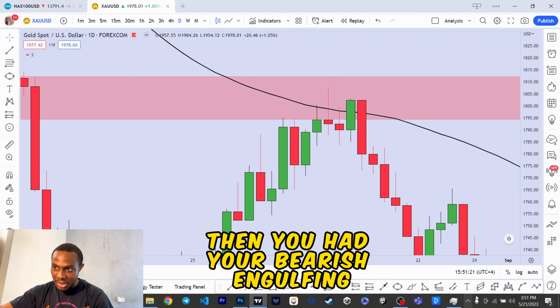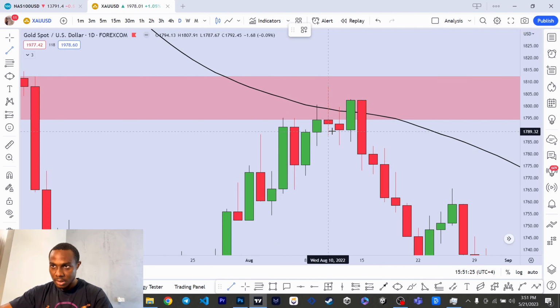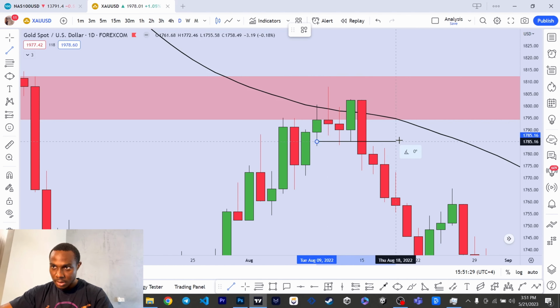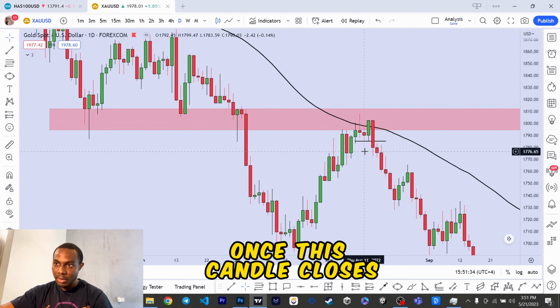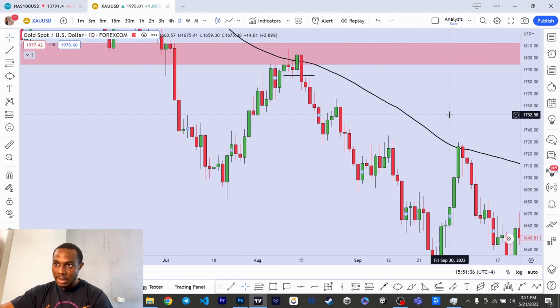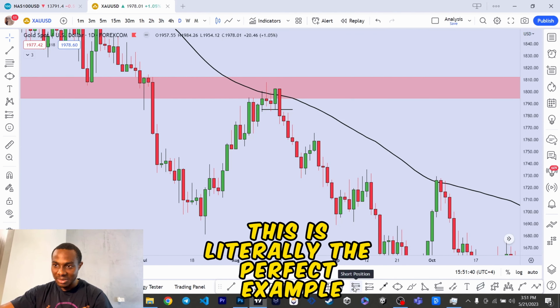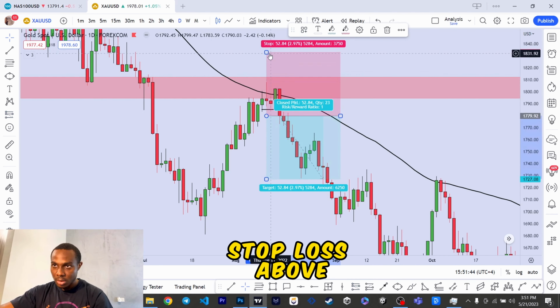Then you had your bearish engulfing also going below this, and boom, once this candle closes, you are set to take a sell. This is literally the perfect example to take a sell down, stop loss above.